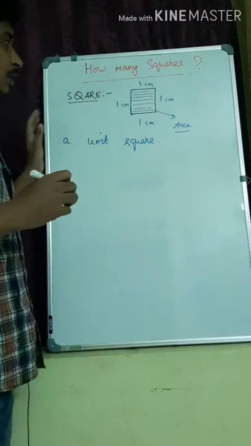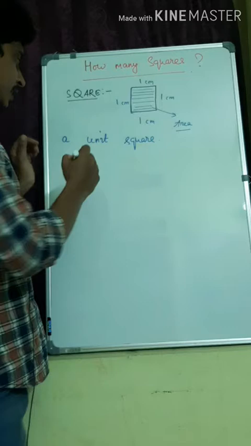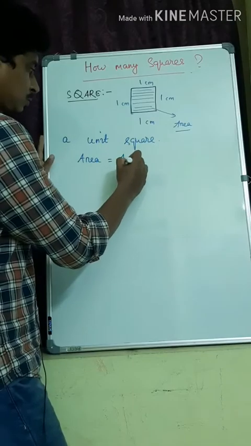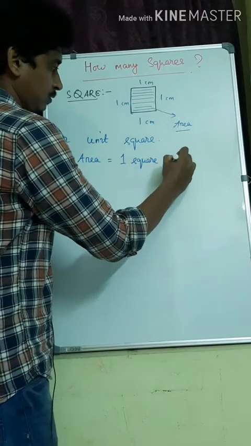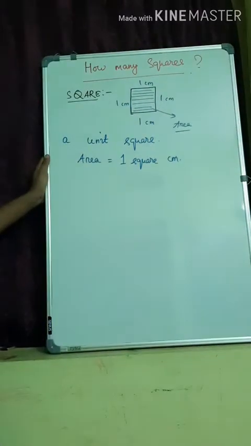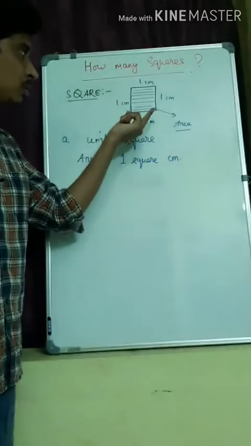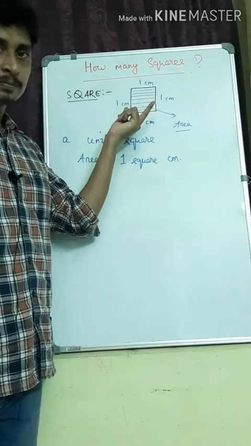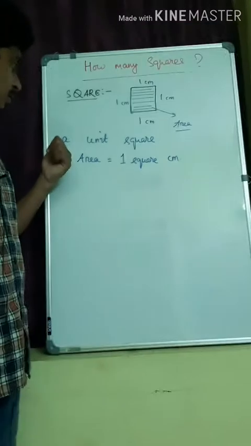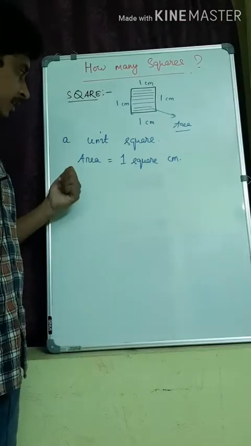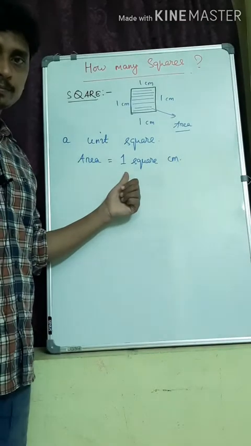It is a unit square and its area is 1 square centimeter. So the area of this small square having each side 1 centimeter is called a unit square and its area is 1 square centimeter.